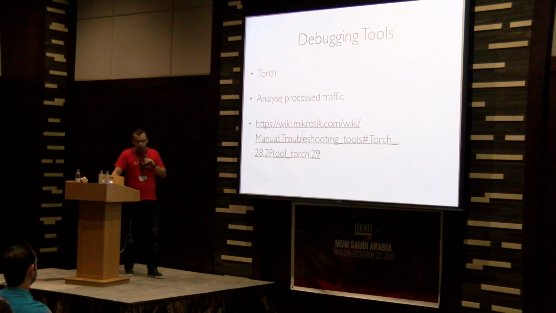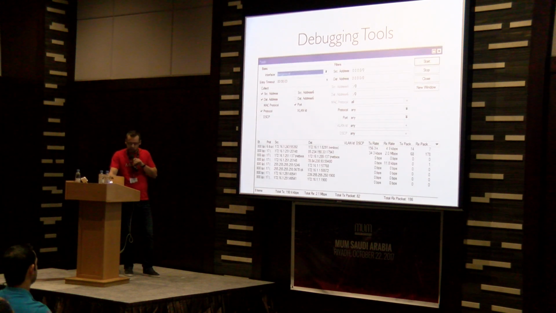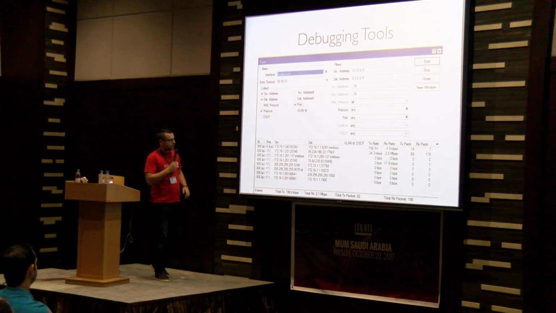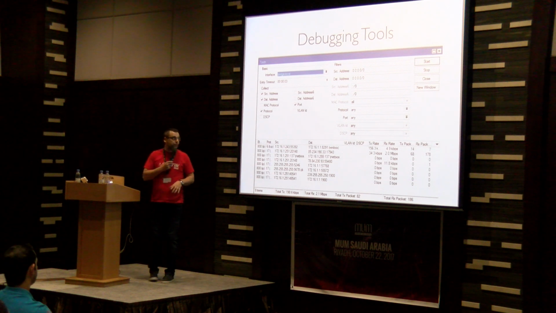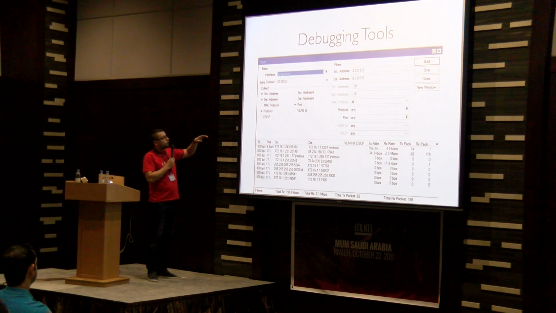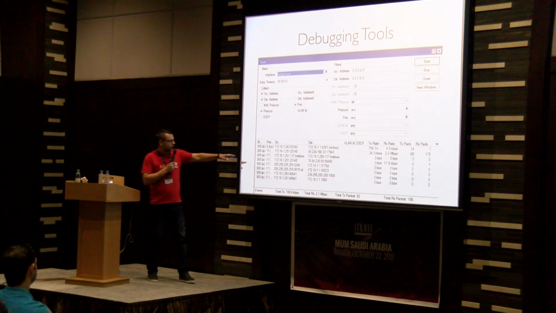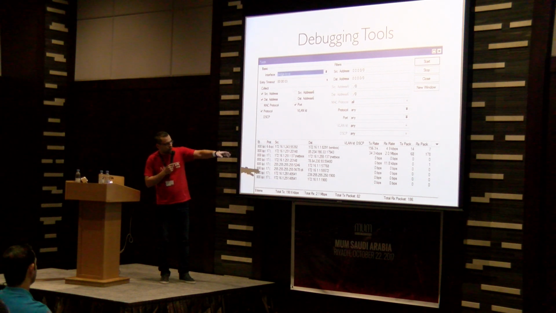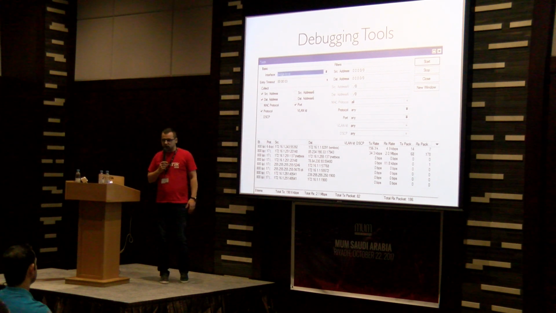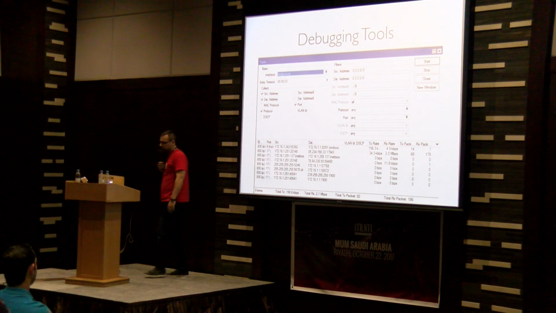There are also other debugging tools besides logging. Let's start with Torch. The Torch tool simply shows traffic passing through your device at the moment. In my example, I have opened Torch on the bridge interface, and I can see connections from which IP address to which IP address, which protocol these connections are, and the rate of connections, what kind of bandwidth they are using.